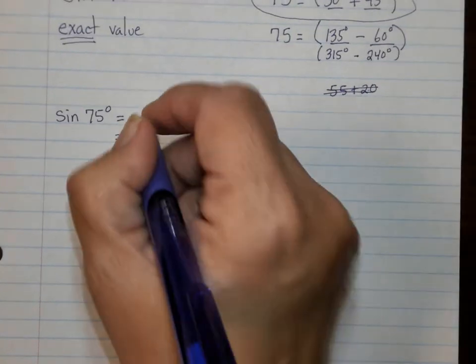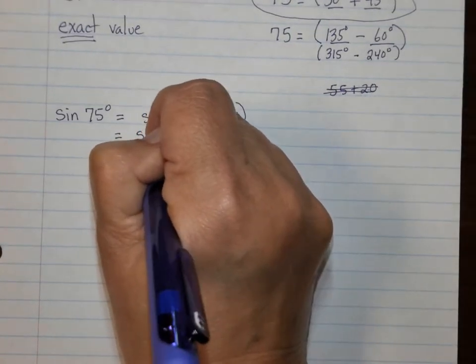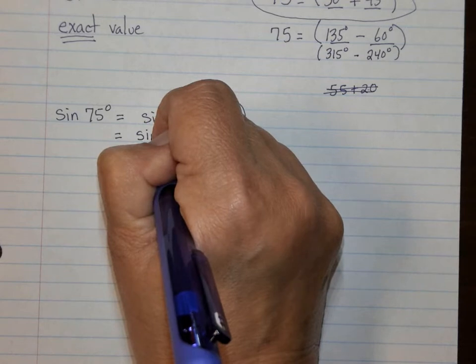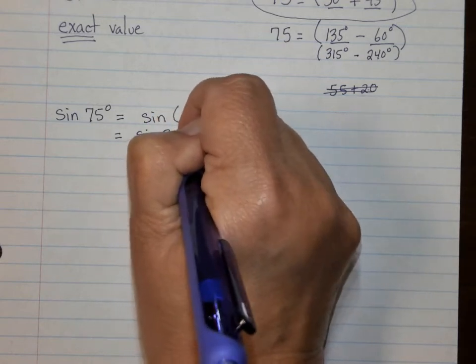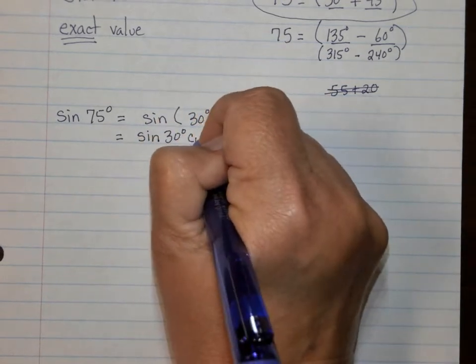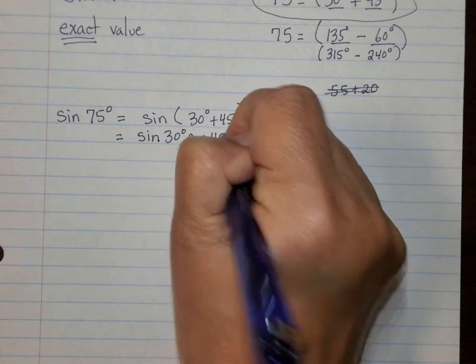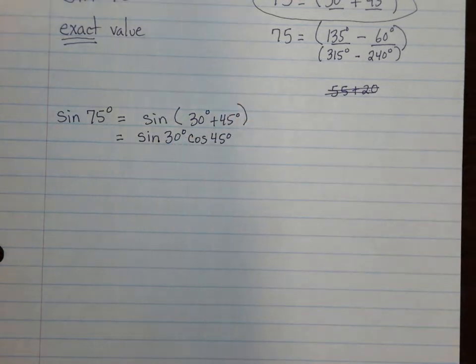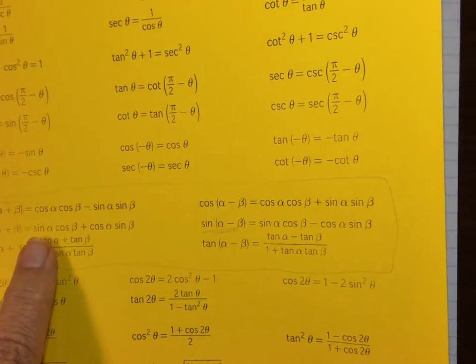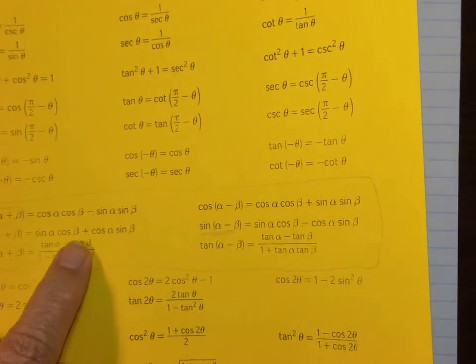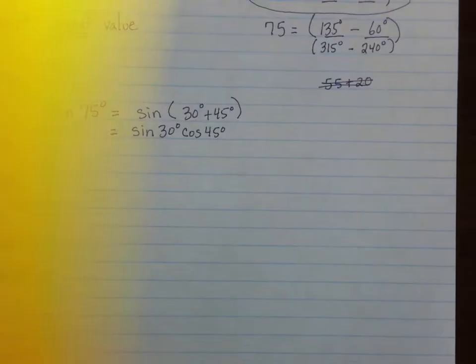And I'm just going to substitute according to the identity. So it's sine of 30 degrees, cosine of 45 degrees. And you guys out of the remote, you can't see me. Like, I literally, over on the side, I have my little finger. I'm just following this formula, right?